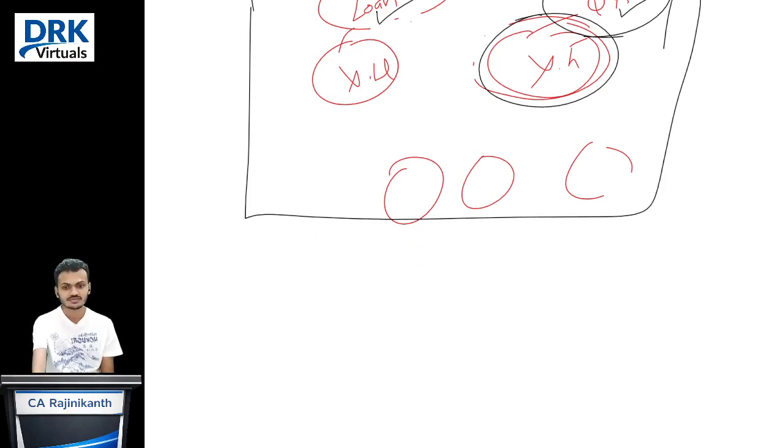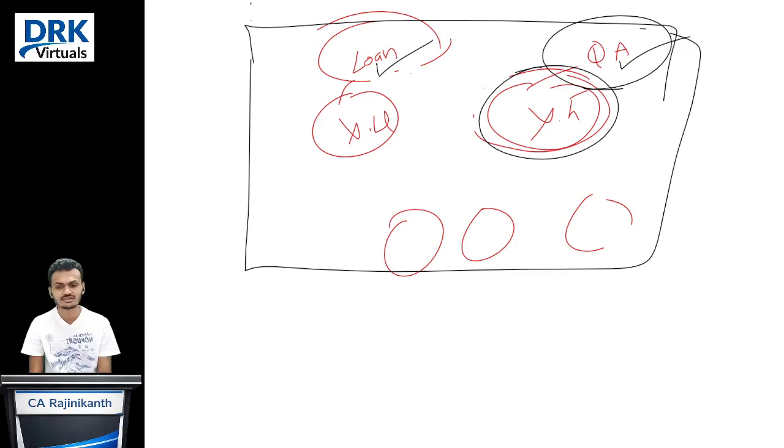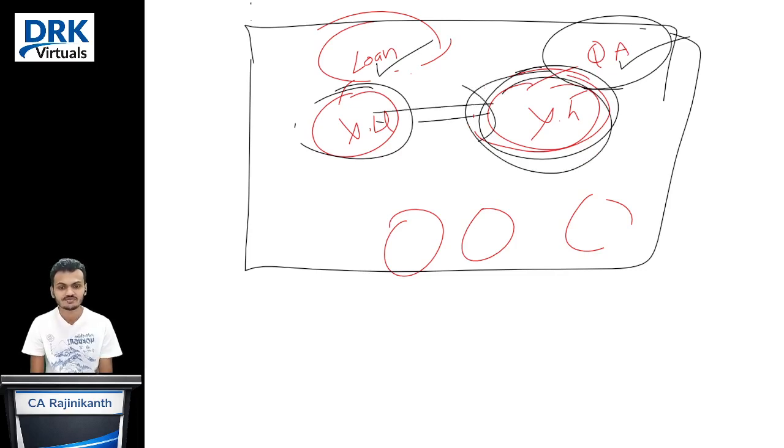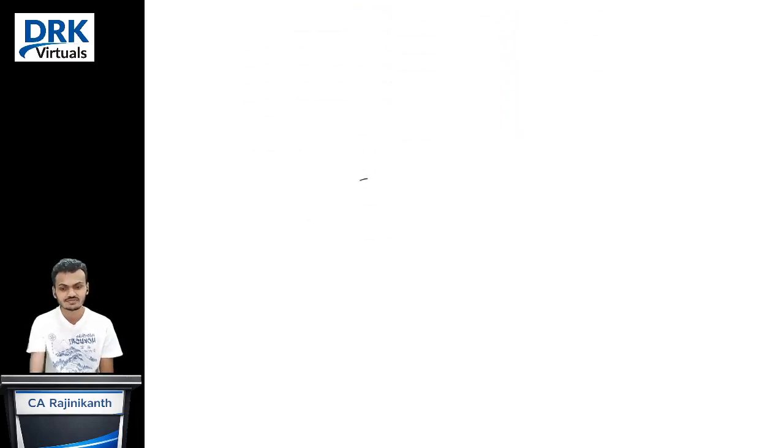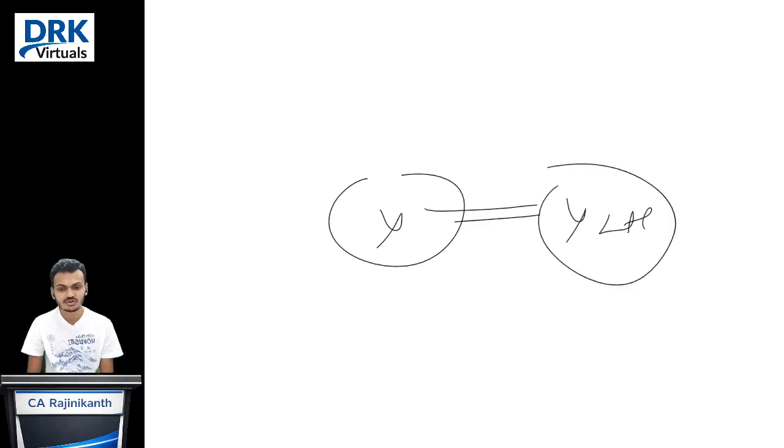One more situation. Suppose X Limited has not taken a loan from the bank. What happened is Y Limited took a loan from X Limited, and Y Limited is constructing a qualifying asset. In the separate financial statements of Y Limited, we can capitalize the borrowing cost because it has taken a loan from parent X Limited and the qualifying asset is also being constructed, correct?